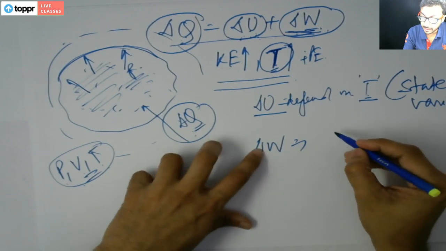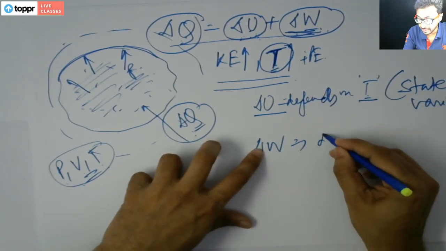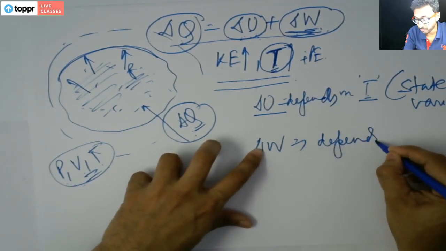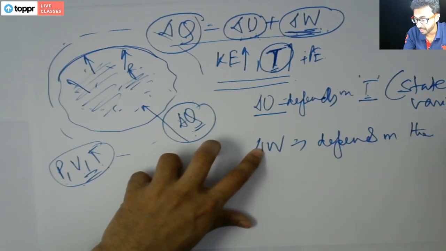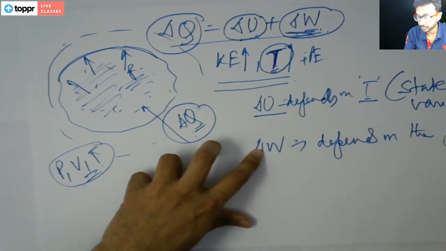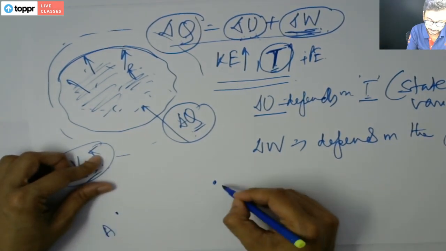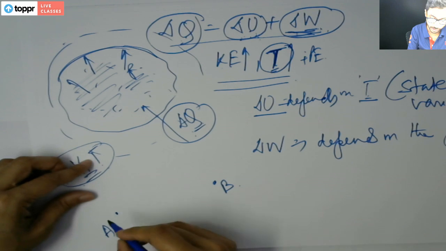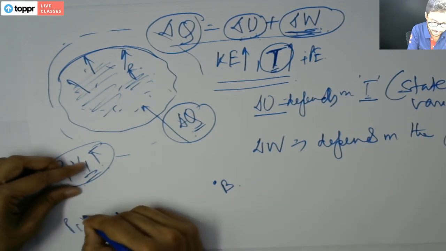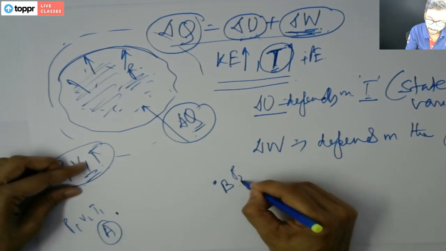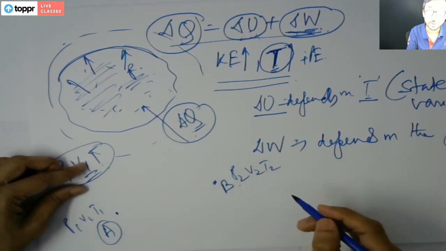In all the cases, work done will be different. So work done depends on the path. That is, if there are 2 points in the gas, say A and B, 2 points mean 2 states. Say here the pressure is P1, V1, T1. Here the pressure is P2, V2, T2.